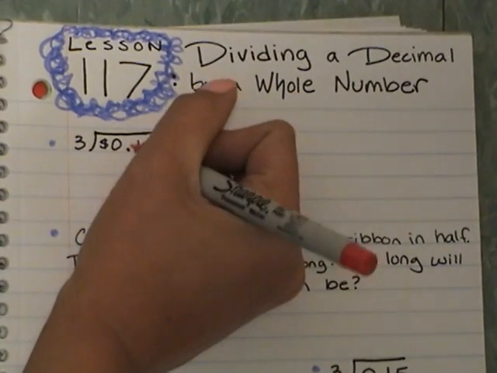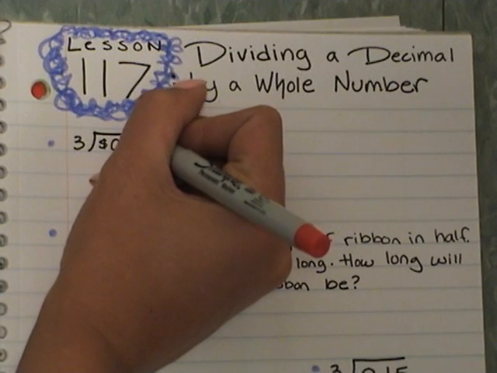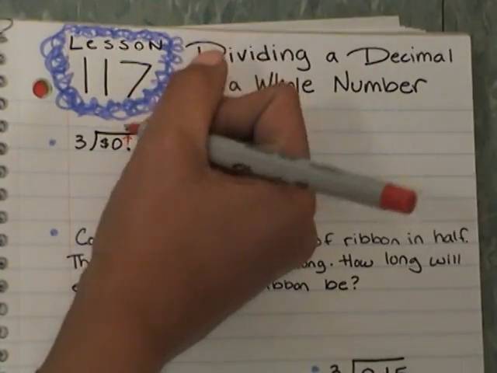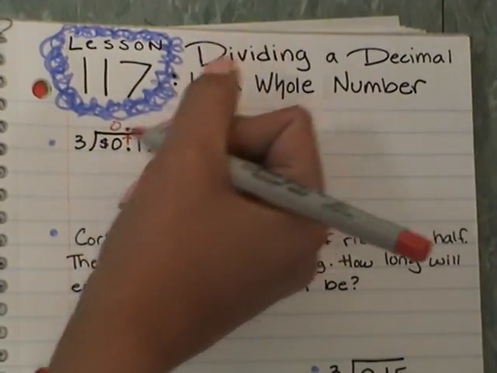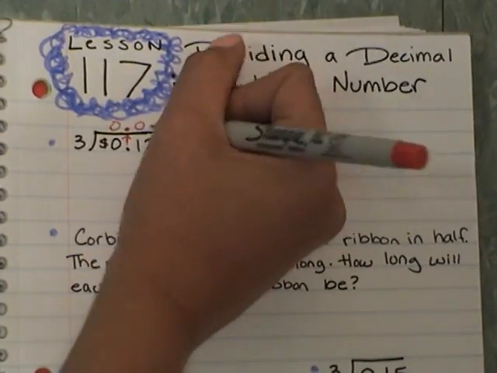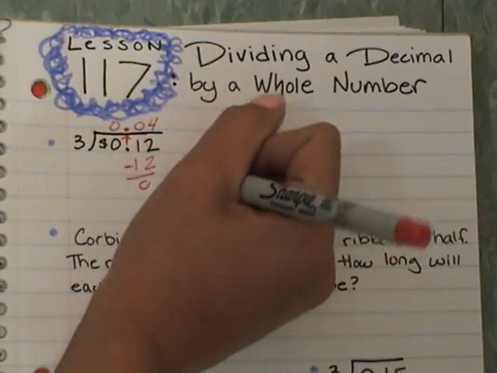For example, I'm going to take my decimal point, raise it up, and put my decimal place right there, already in my answer. So now I can go through and do my problem. 3 goes into 0, 0 times. 3 goes into 1, 0 times. 3 goes into 12, 4 times. 4 times 3, 12, minus 0, no remainder.